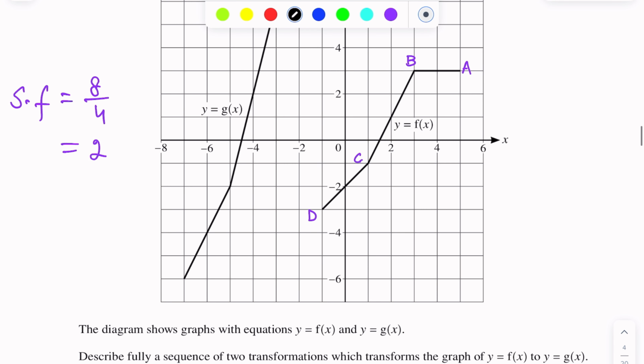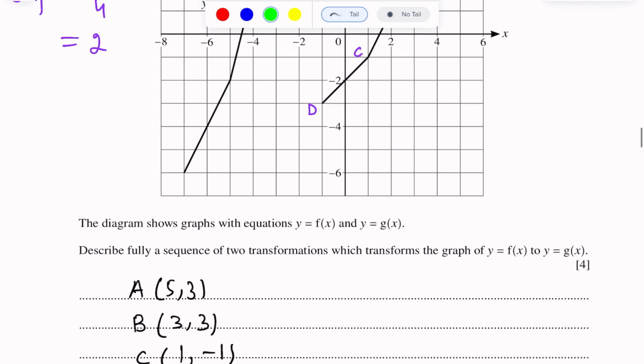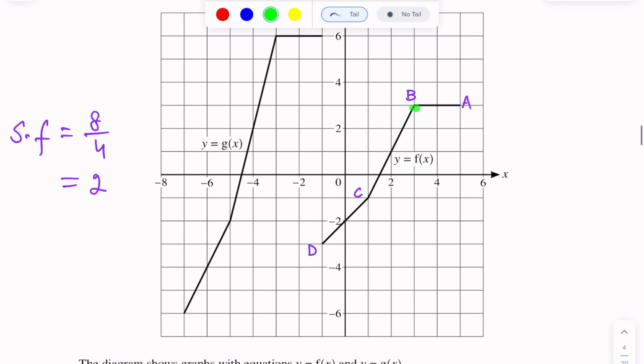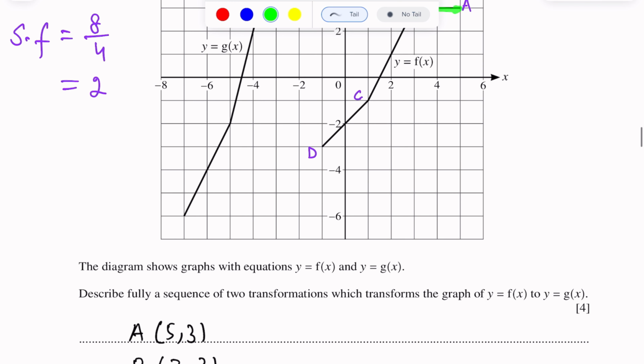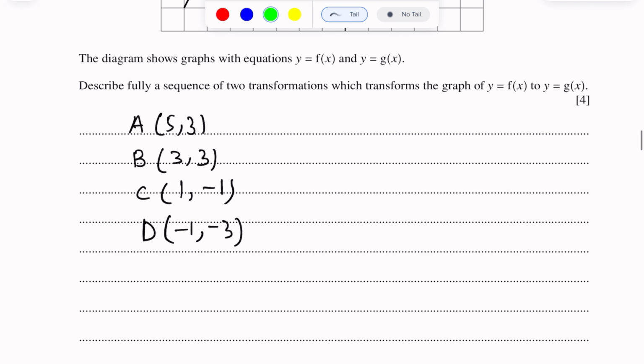Since it is a stretch along y-axis, when the stretch is taking place along y-axis, the x coordinates remain invariant. X coordinates do not change. Since the stretch factor is 2, we multiply the y coordinates by 2. So each of these points, the y coordinates will be multiplied by 2.